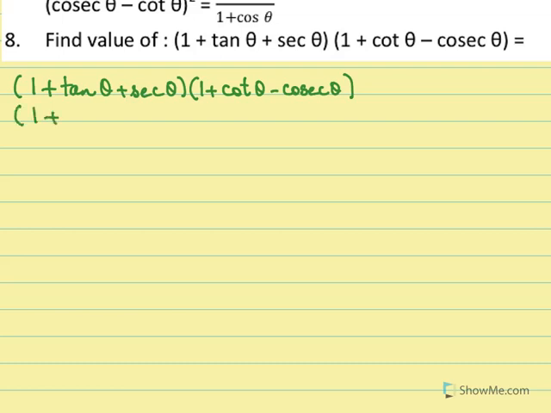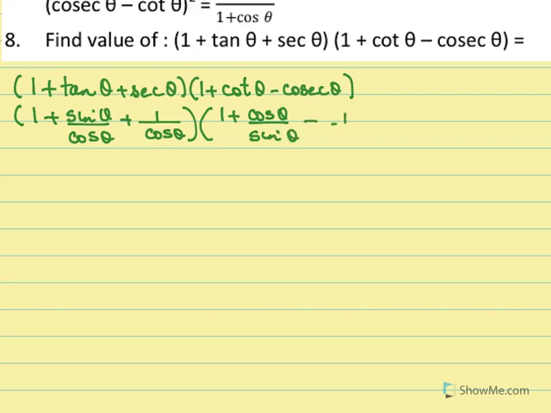So here we have 1 plus tan theta is sine theta over cos theta, sec theta is 1 over cos theta. Next bracket, 1 over cot theta is cos theta over sine theta, cosec is 1 over sine theta. Now we take the LCM. In this bracket the LCM will be cos theta.